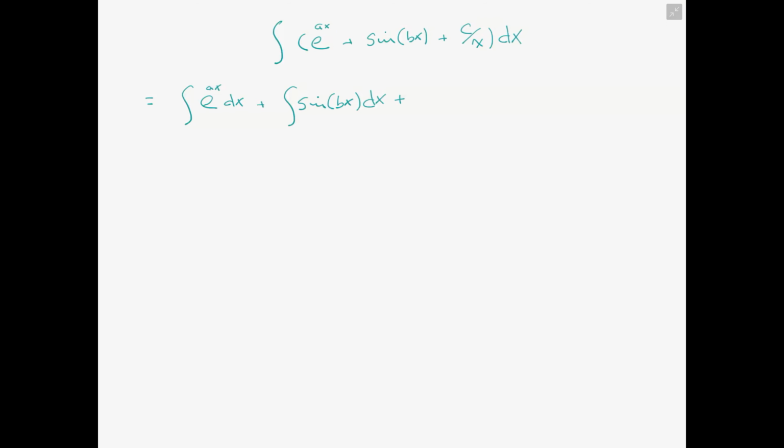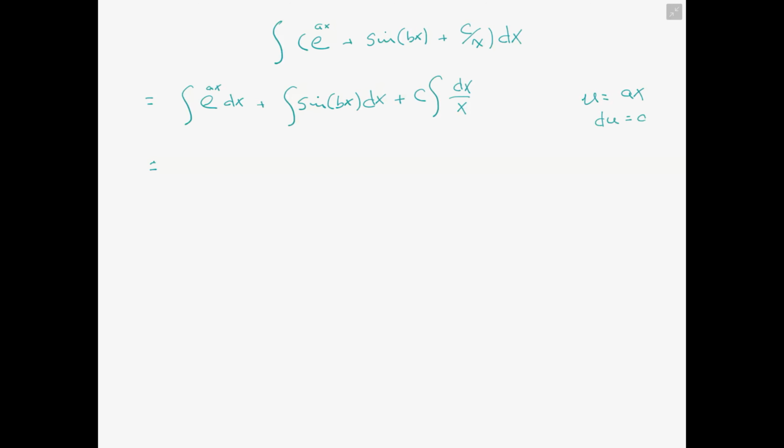So we got e to the ax dx plus sine of bx dx plus c dx on x.